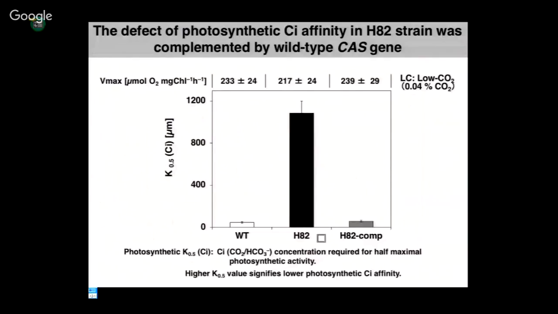But if you face this kind of mutant, a single insertion event is very important. If you see multiple insertions or multiple mutations, you cannot get complementation, and it's quite difficult to answer which gene is related to your phenotype. So the mutation was completely complemented by the Cas gene.